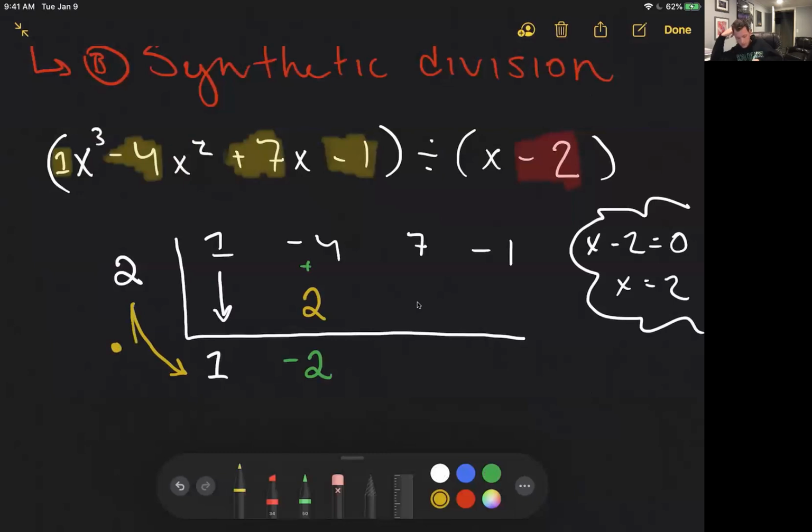Now it's 2 times -2, which gives me -4. Add those together: 7 minus 4 is equal to 3. And then the last one, 2 times 3 is 6. Add those together, and we end up getting +5.